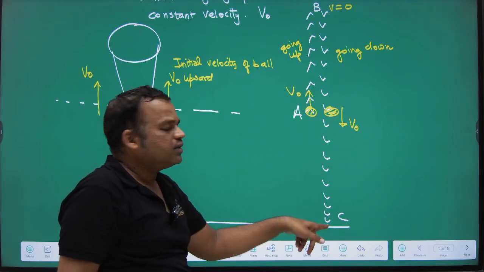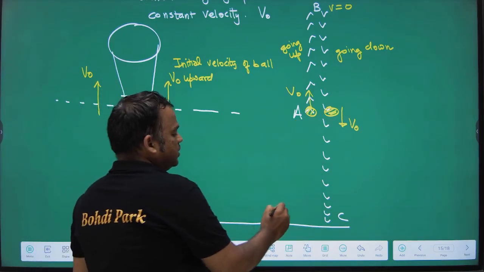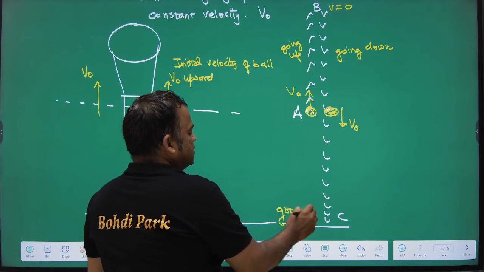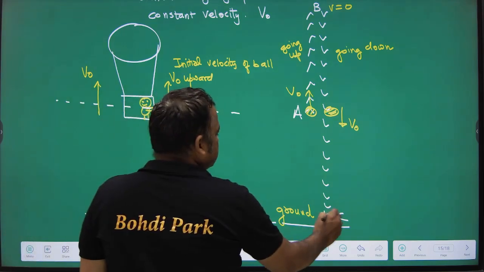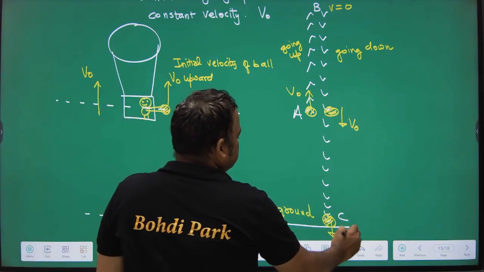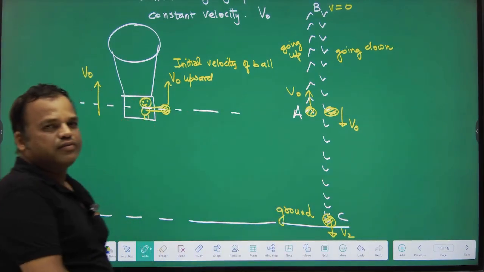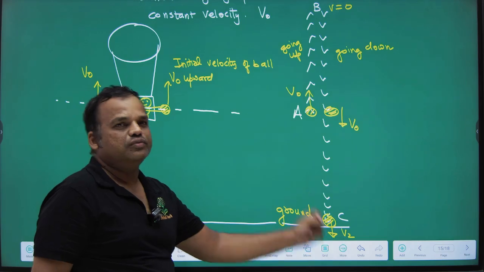Then it will hit the ground at C. Suppose it hits the ground with velocity v2; we can find v2 also.